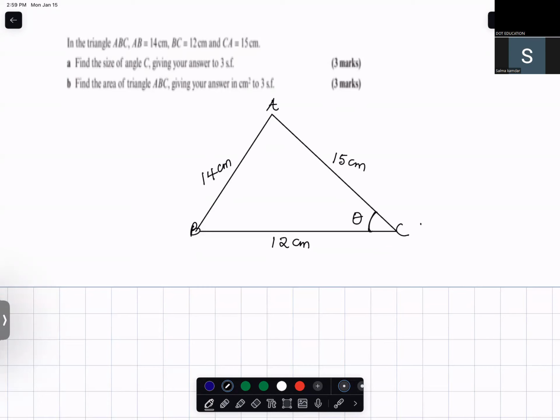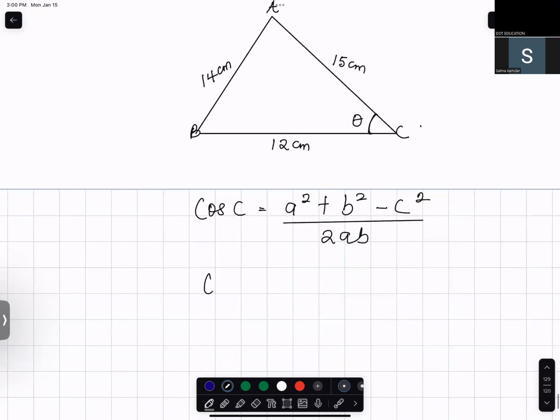So this is easy using your cosine formula, where we have cos C equals A squared plus B squared minus C squared, divided by 2AB.